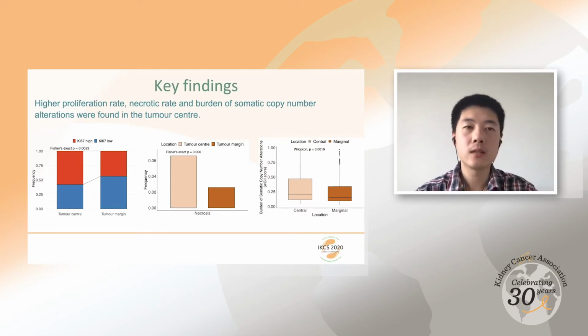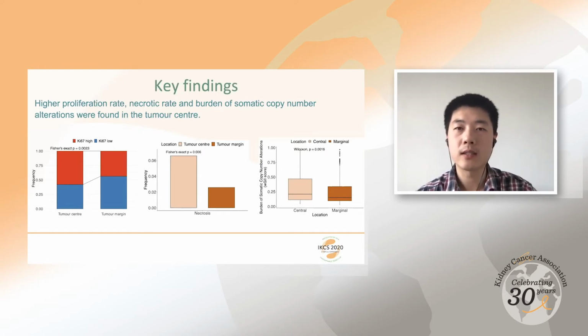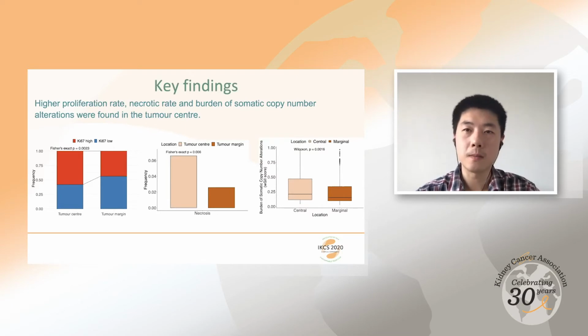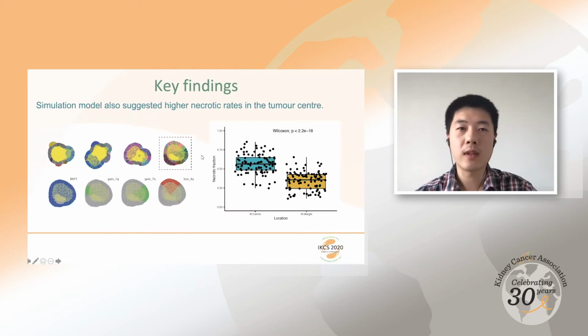And we saw a higher proliferation rate marked by Ki67, a higher necrotic rate, and higher burden of somatic copy number alterations in the tumor center compared with the tumor margin. And then we validated that experimental result using computational modeling in terms of necrosis. And the simulation model also suggested that there is a higher necrotic rate in the tumor center.